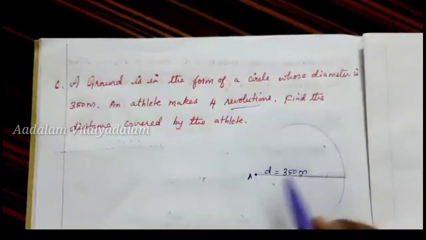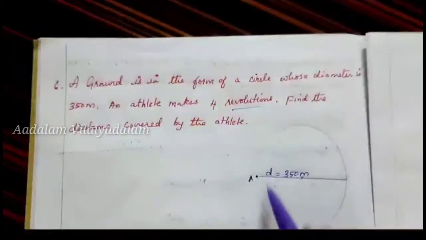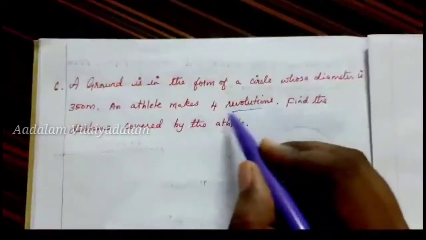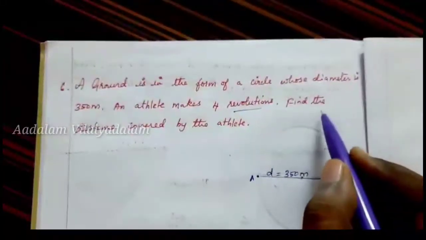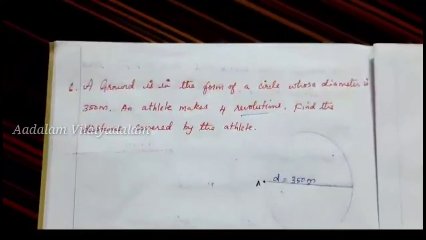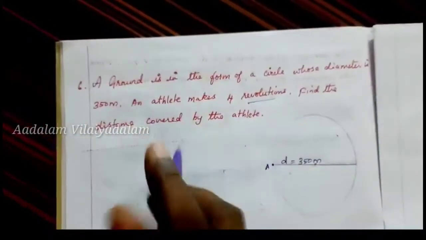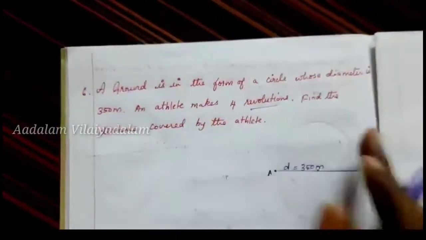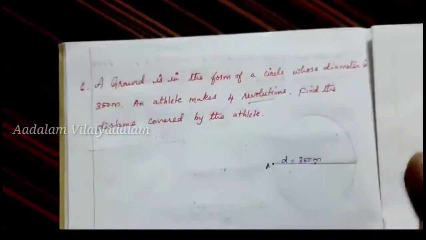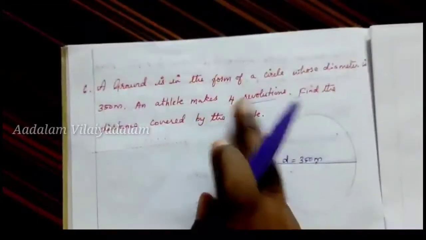Okay, so in this way he moves 4 times, that is 4 revolutions. Now we need to find the distance covered by the athlete. So here, like the previous sum, we need to find the circumference of the circle or 1 revolution.